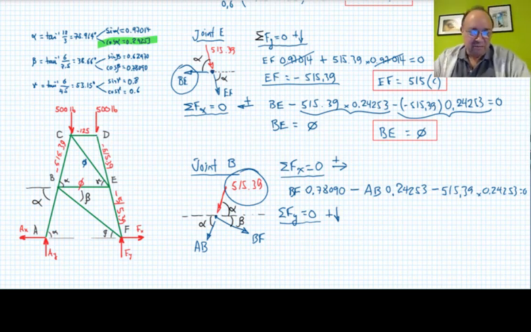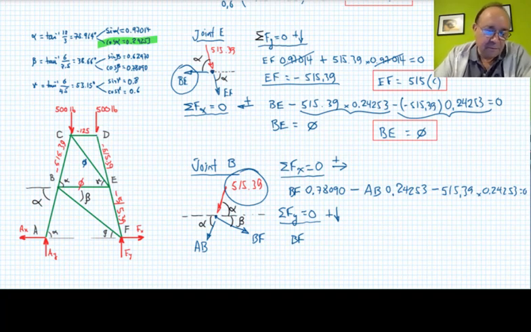Well, actually, the negative signs sometimes get forgotten, so I rather have positive terms. So here we have BF sine beta. Sine beta is this one right here, 0.62470.